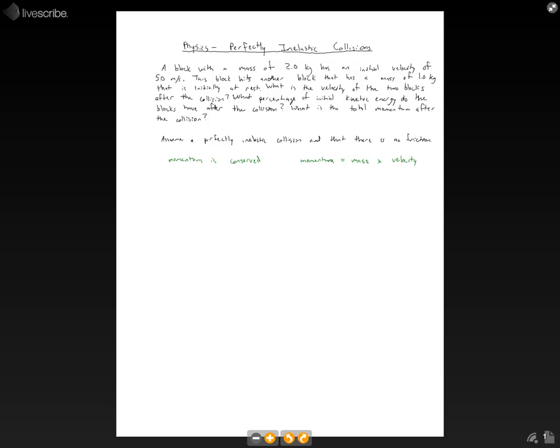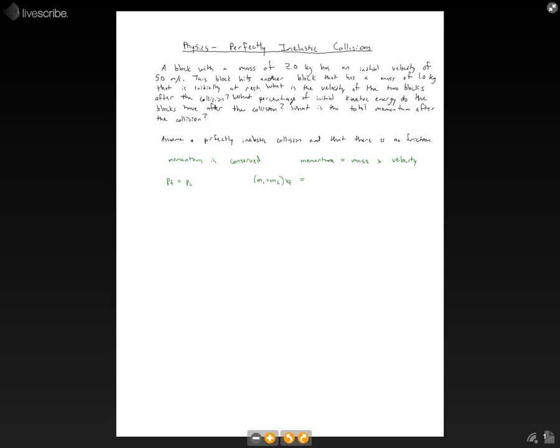Okay, so let's start with the first question. What is the velocity of the two blocks after the collision? Well, if we know that momentum is conserved, we can say that the final momentum is equal to the initial momentum. If we expand that, we can write our final momentum as the final mass, which would be both of the masses added together, multiplied by the final velocity.